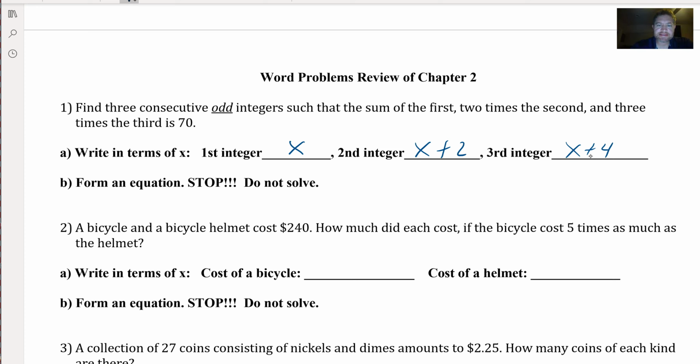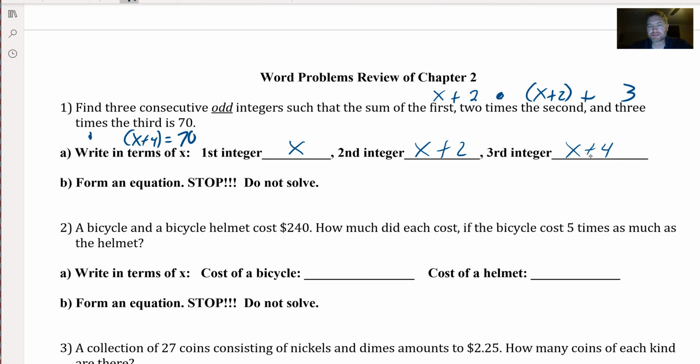And then we're just going to translate this. So it says the sum of the first, so our first would be x, and sum means add. So for all these little commas, we're just adding. And then it says 2 times the second plus 3 times the third is 70.